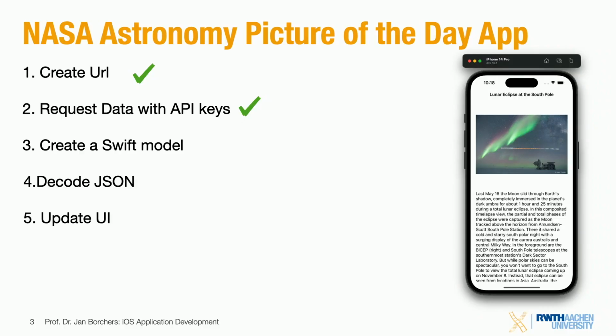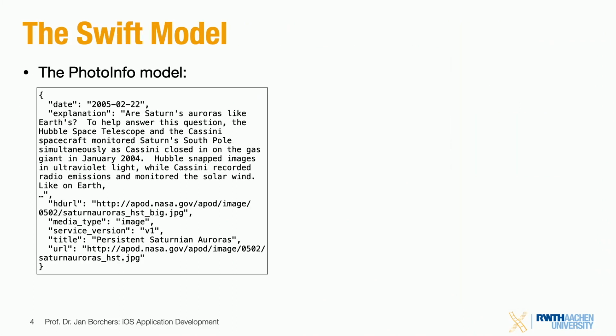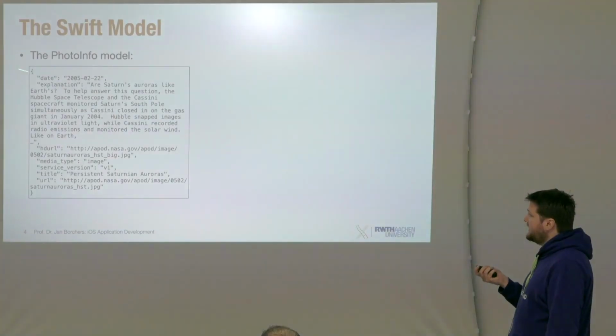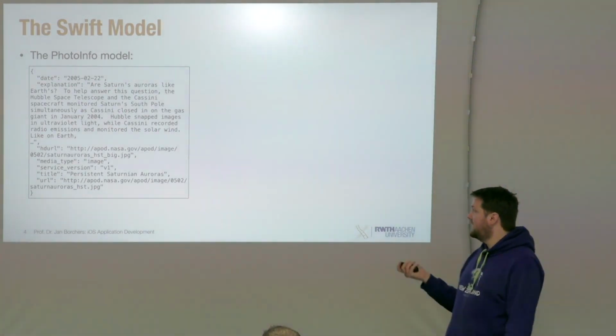So now we'll jump ahead and think about the model that we want to use. When you requested the data and just printed it out as a string, this is what you got back. You have essentially a set of string pairings that look like a dictionary and also behave in the same way.